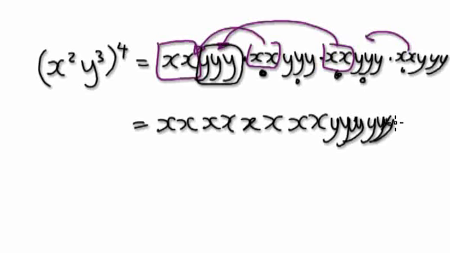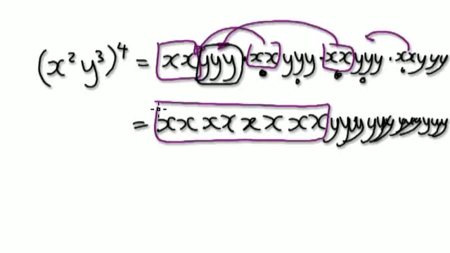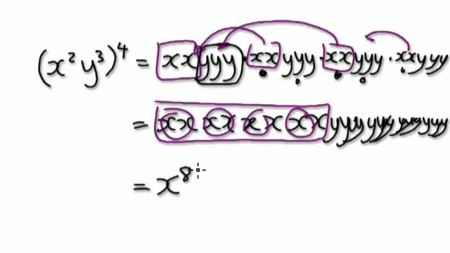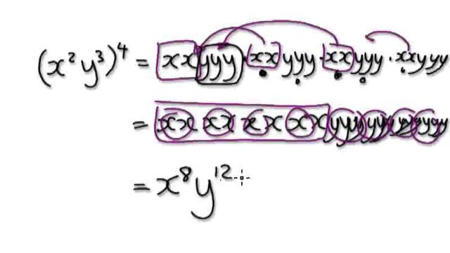So there's 3 more. Think about this one here, y, and then the last one, y. So here you've got 2, 4, 6, 8. So it's really x to the power of 8, and here you've got 3 here, 3 here, 3 here, 3 here. So that's y to the power of 12.